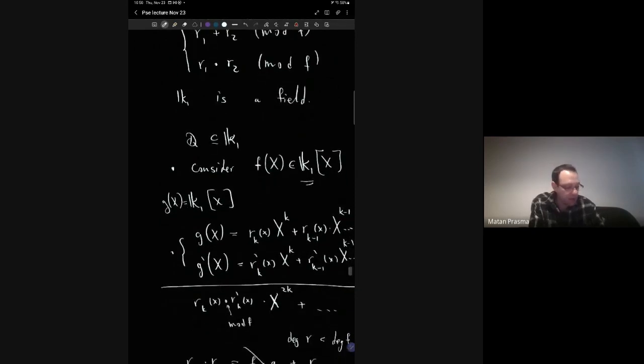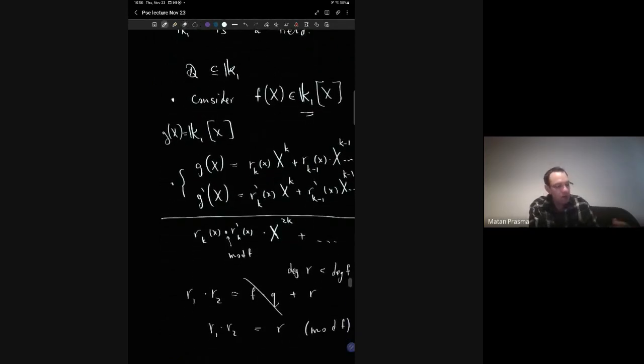If you have two of them, say g and g prime, you do multiplication of polynomials, but when you need to multiply the coefficients, which are these rk prime and so on, you do the modulo f. Okay, is this clear? This is really like touching a central point in splitting fields.